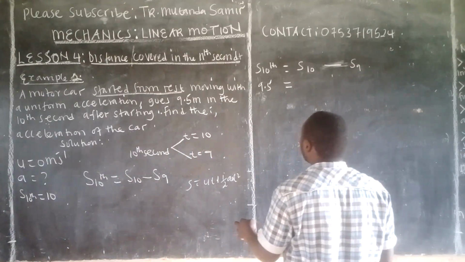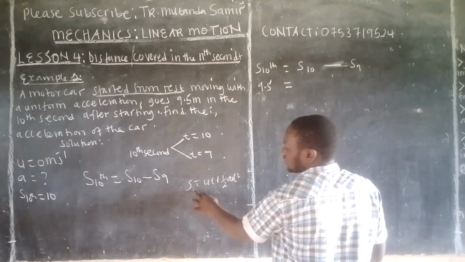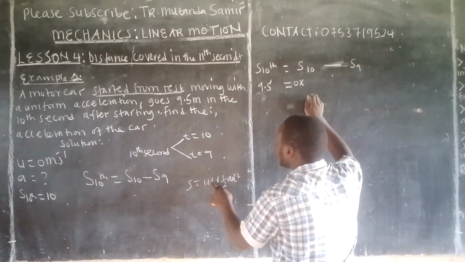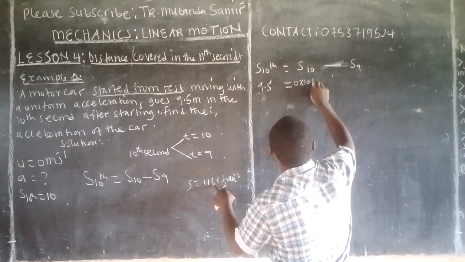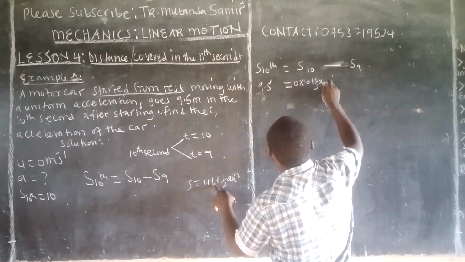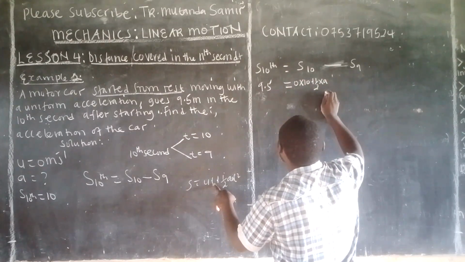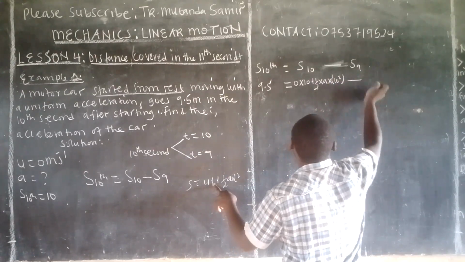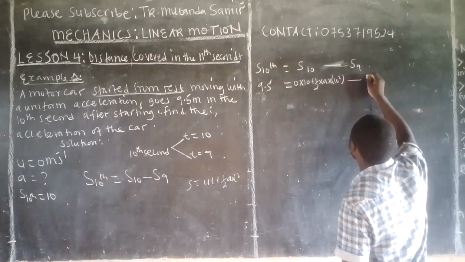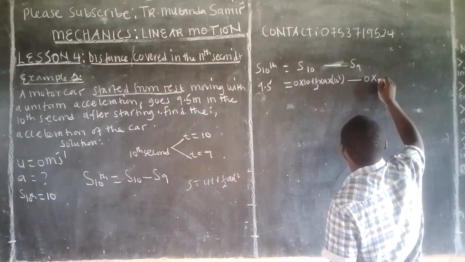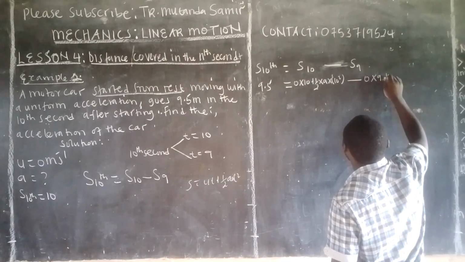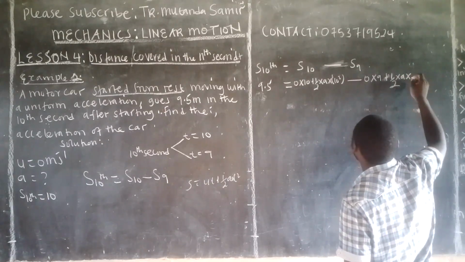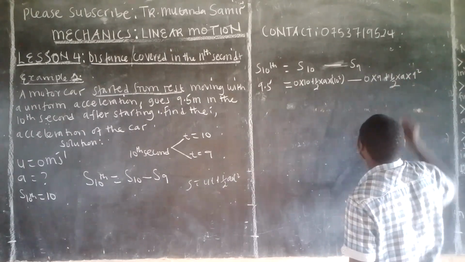Using S is equal to ut plus a half at squared: U is 0 times t is 10 plus a half times A, which we don't have and want to get, times 10 squared, minus, U is 0 times the time 9 plus a half times A times 9 squared.